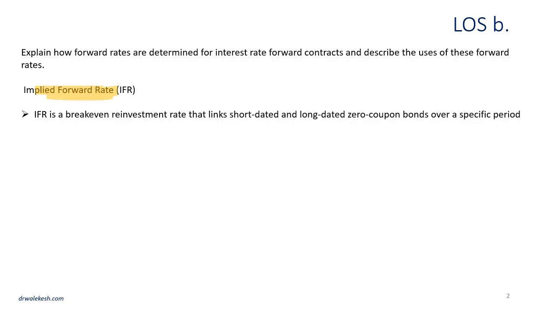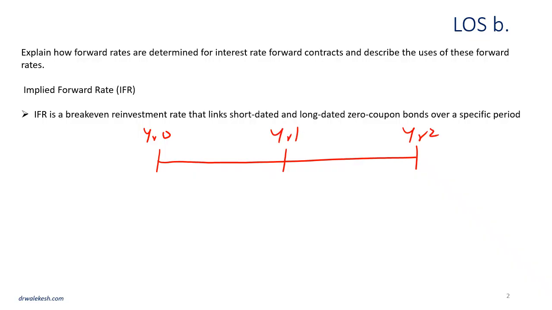Implied forward rate. Implied forward rate is a break-even reinvestment rate that links short-dated and long-dated zero coupon bonds over a specific period. So that we are all on the same page, let us look at this timeline. Imagine we have year 0 here, this is year 1, and this is year 2.